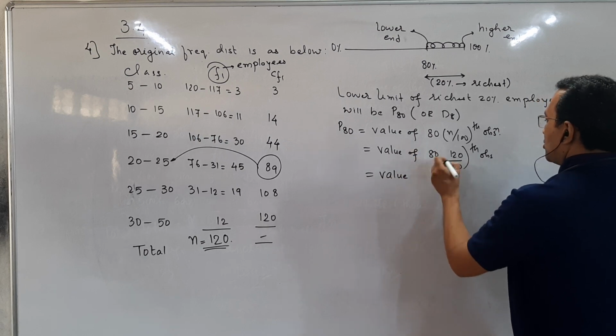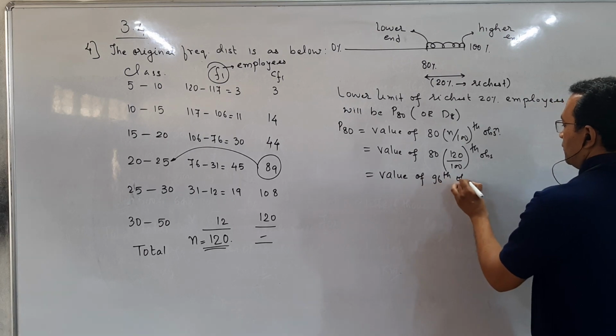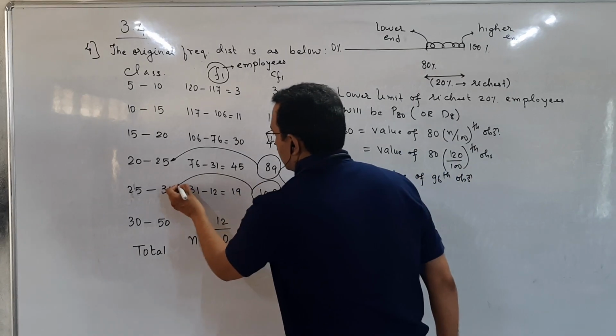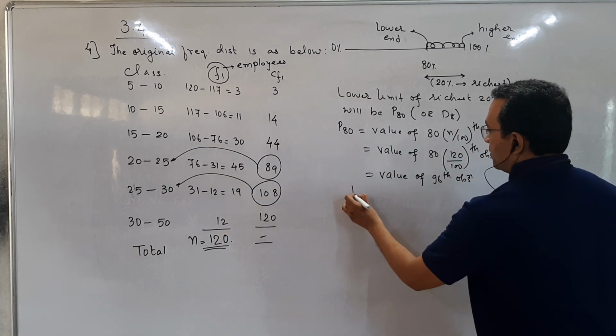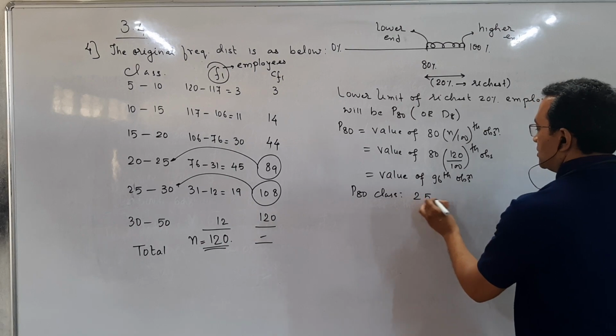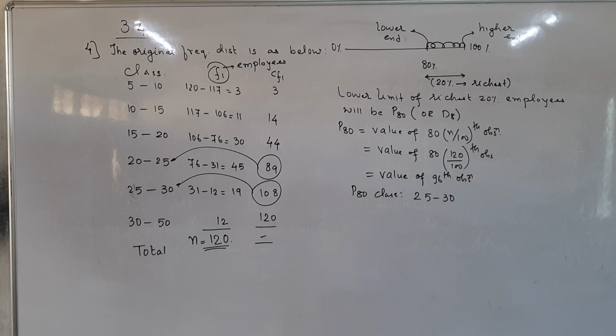Even if I keep this outside, that doesn't make any difference. The value of 96th observation. 96 is covered in 108, and the corresponding class is 25 to 30. So the P80 class is 25 to 30. Students, this is the most important sum of the entire exercise.